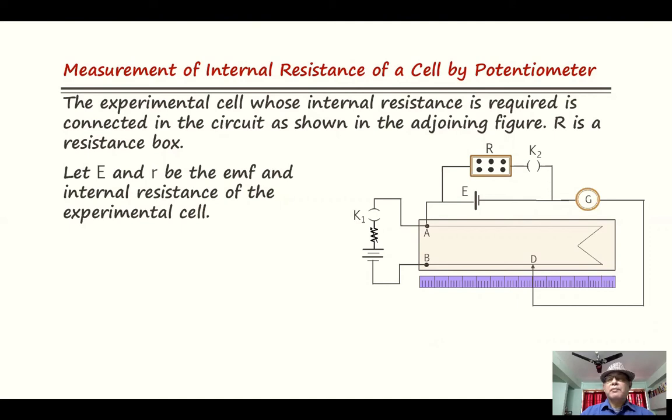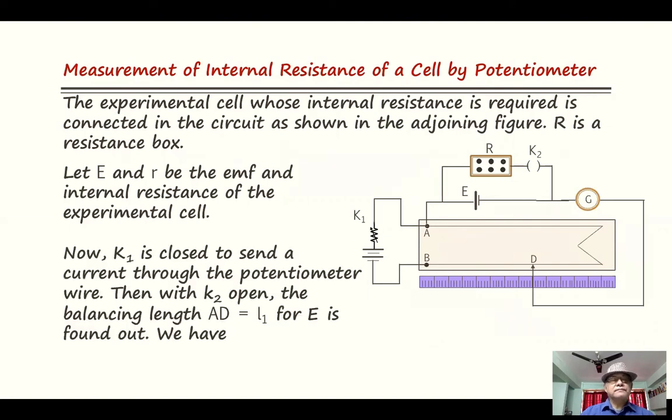We refer to capital R as R and small r as smaller r, of course. Now K1 is closed to send a current through the potentiometer wire. Then with K2 open, the balancing length AD equal to L1 for E is found out. We have E equal to phi L1. We call it equation 1.